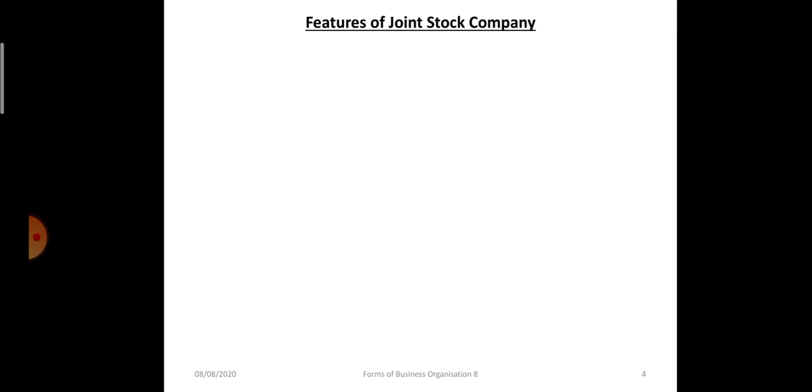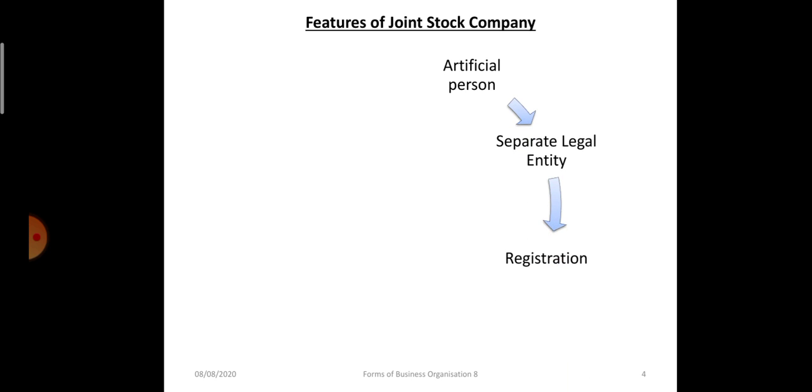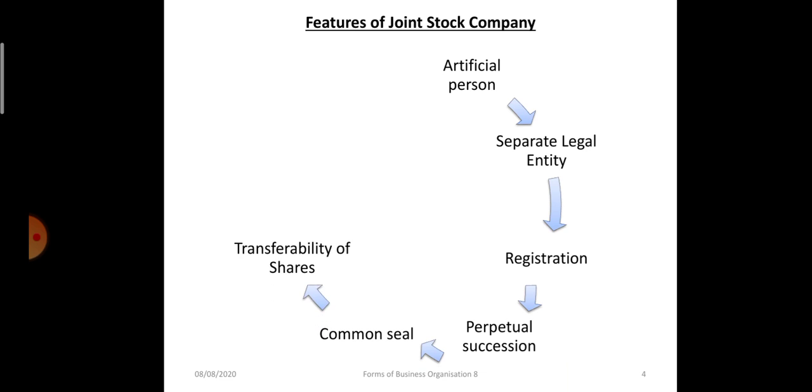Now the features of joint stock company: it is an artificial person, a separate legal entity, registered under the Companies Act 2013 or any previous act. Perpetual succession, that means its existence is not affected by the members coming in or leaving the company. Common seal: since it is an artificial person, it cannot sign itself, so the seal is used.